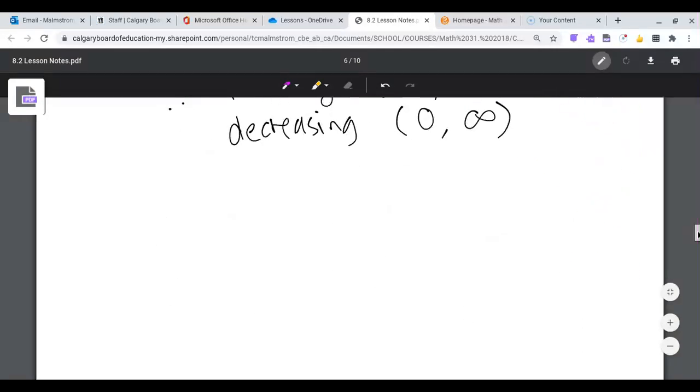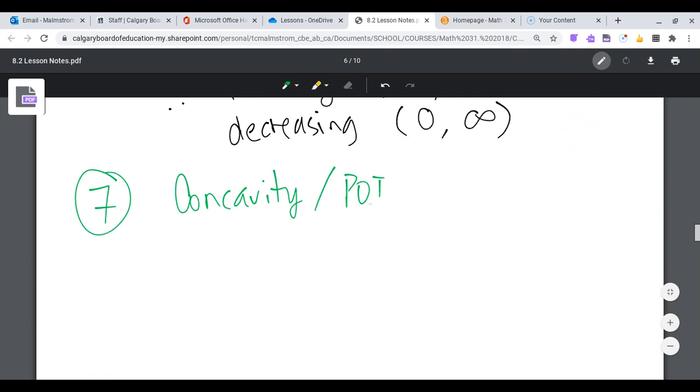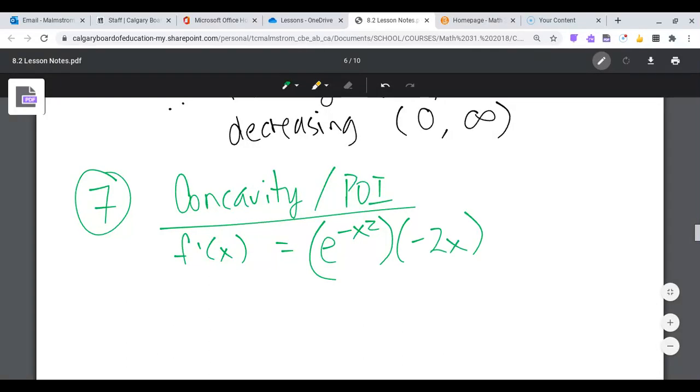All right, trucking along. Number 7 will be our concavity and our points of inflection. We know that our first derivative is e to the power of -x² times -2x.